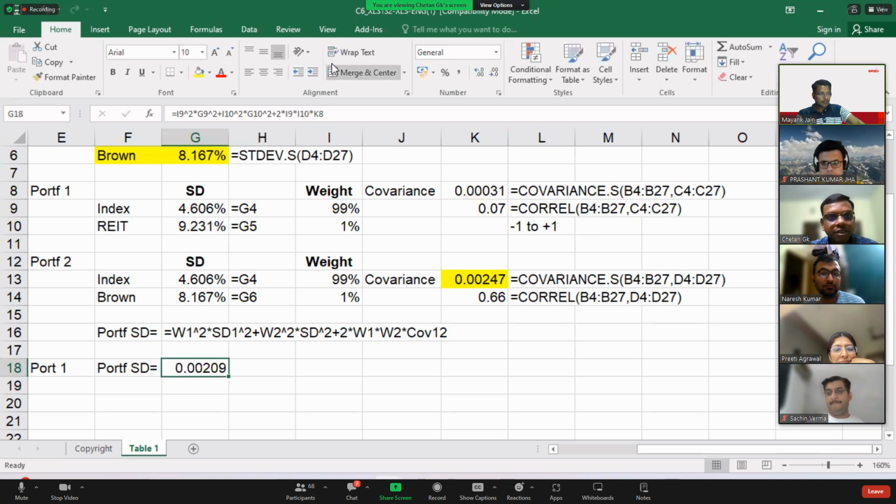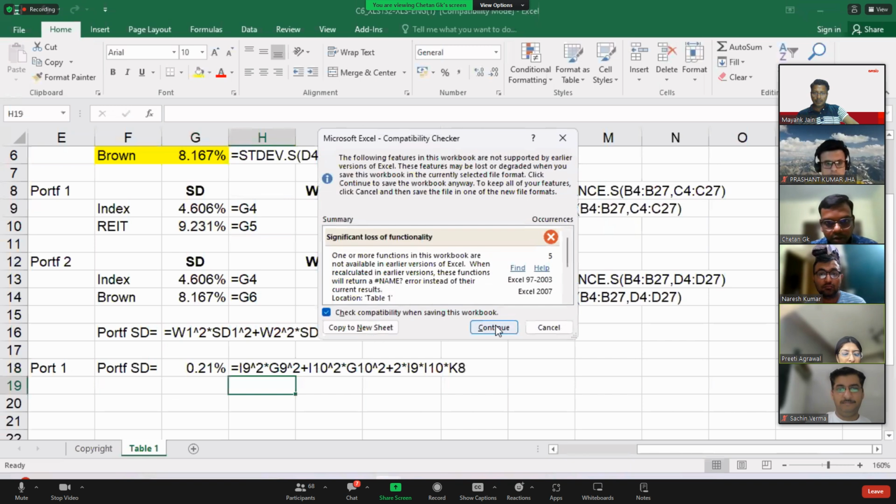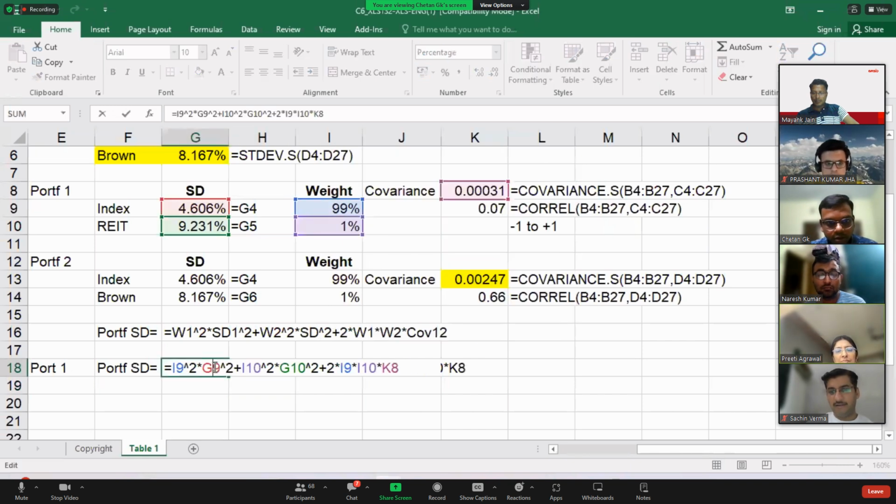So I am getting the standard deviation of the portfolio now. So please put the formula text here. Okay. So can you compute the portfolio 2 standard deviation?